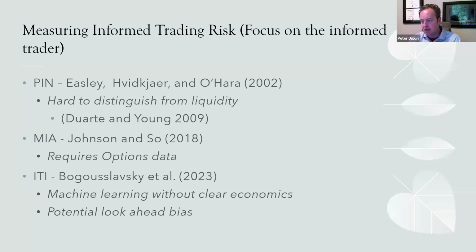But ITI has two drawbacks: it's a machine learning algorithm without super clear economics explaining why the measure works, and it has potential look-ahead bias because it uses an informed trading sample over a certain period and creates the parameters for a measure that they apply to everybody.